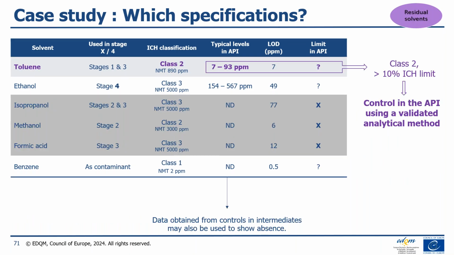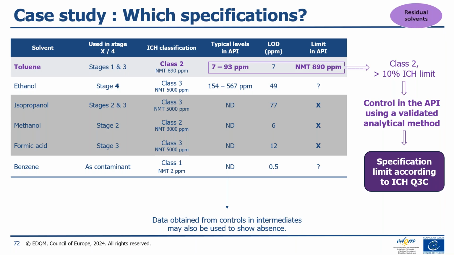So for toluene, that is a class 2 solvent, it's present at between 7 and 93 ppm, which is above the 10% of the ICH limits. Therefore, control in the API using a validated method has to be implemented, and the specification should be set in line with ICH Q3C, which is not more than 890 ppm.